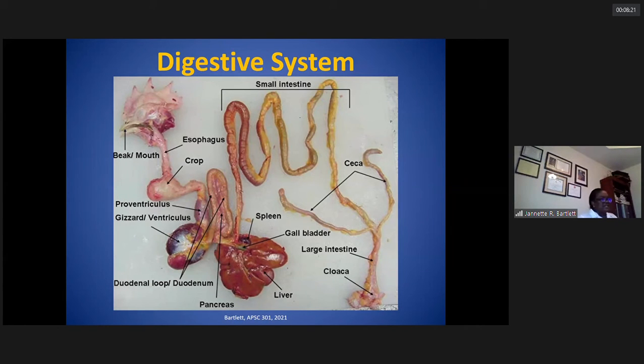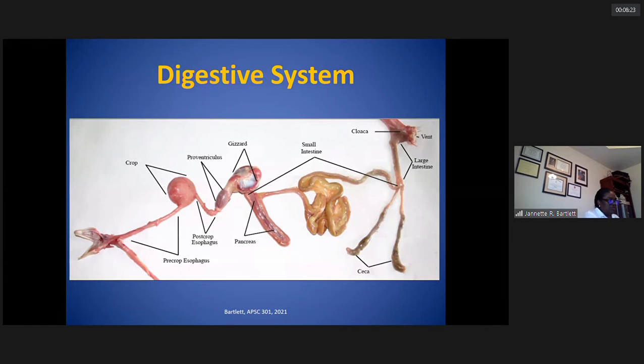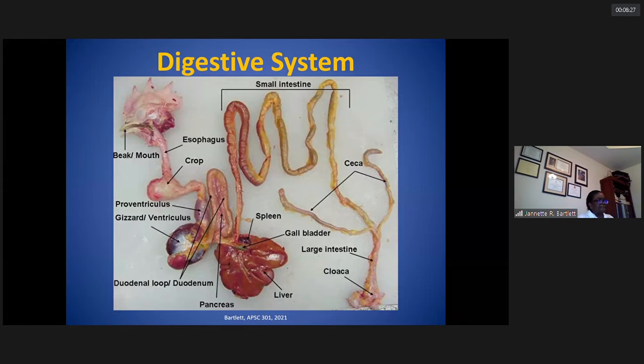Okay, so both of these are diagrams of the digestive system of the chicken. This picture actually came out of a chicken. I have it in the hard copy of this PowerPoint, where it came from this lady in Kentucky.